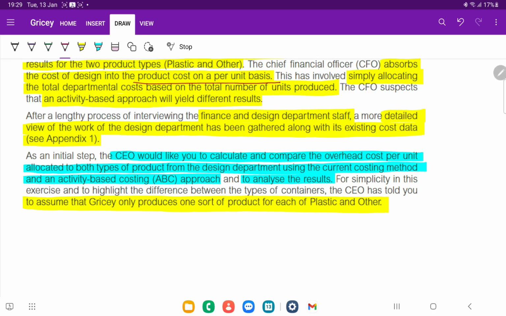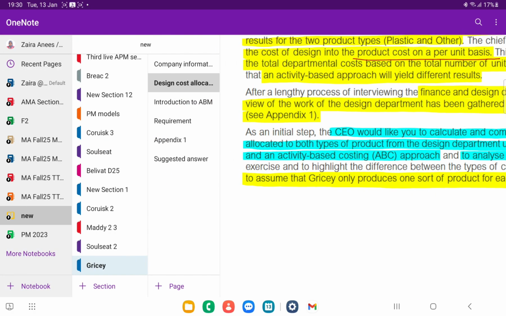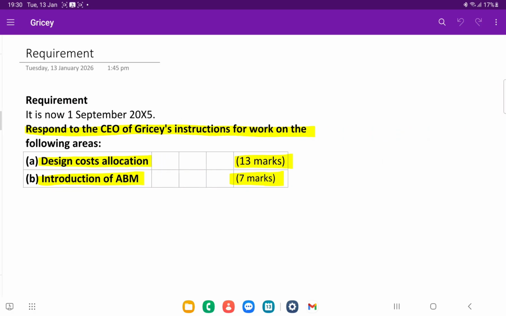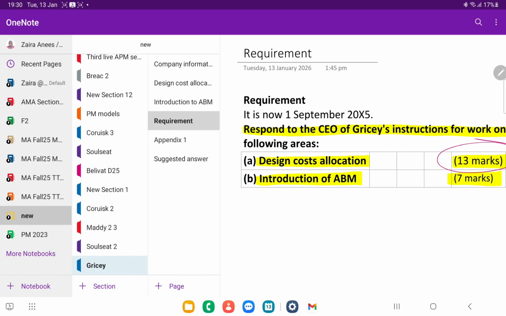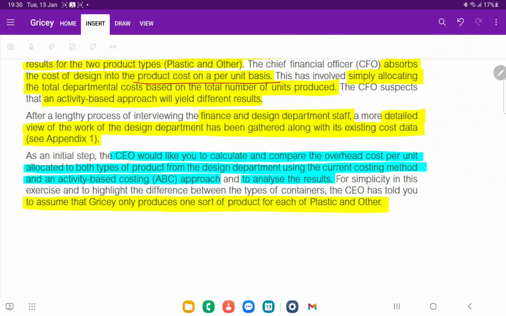Now let's reread the requirement and try to understand what the examiner really wants us to do, because this requirement is of 13 marks. 13 marks are a lot, right? The CEO would like you to calculate and compare.